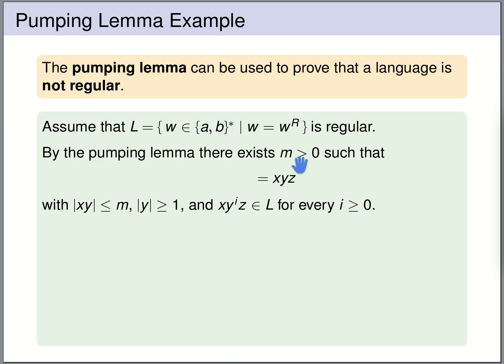So this word must depend on the parameter m. So what palindrome could we pick that has length at least m? One such palindrome, for instance, could be a^m b a^m. This word, no matter what m is, always is a palindrome. And it always has length at least m.